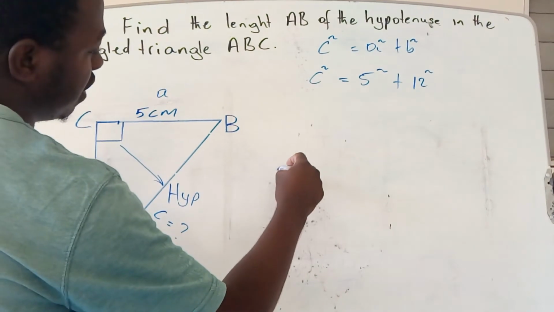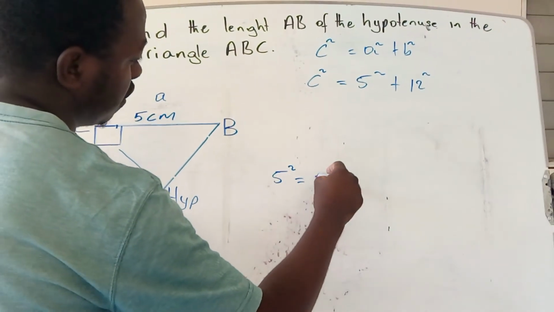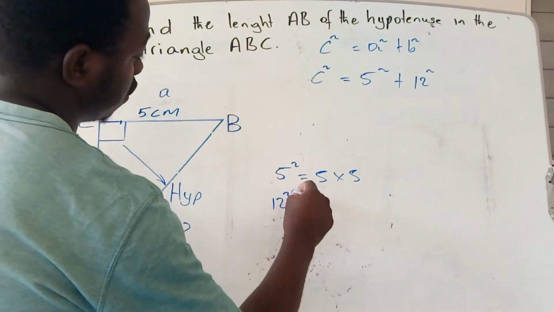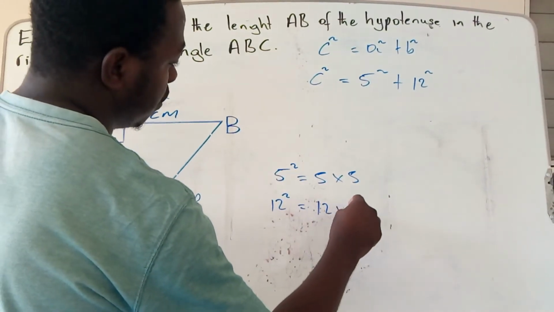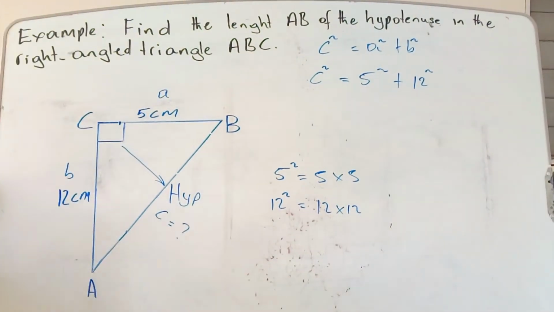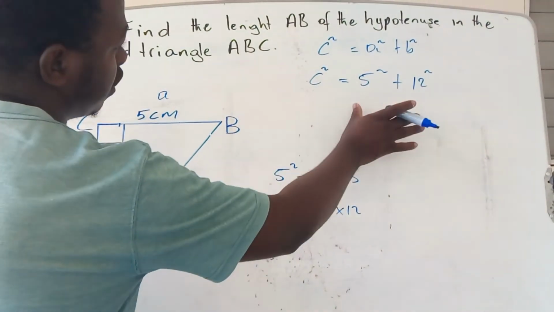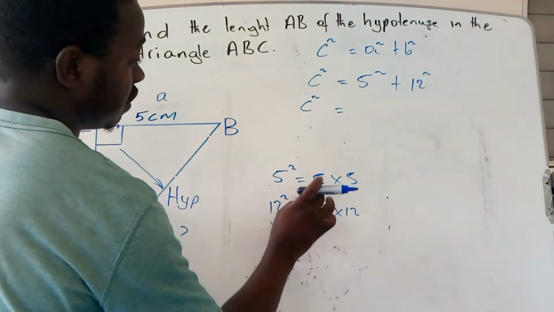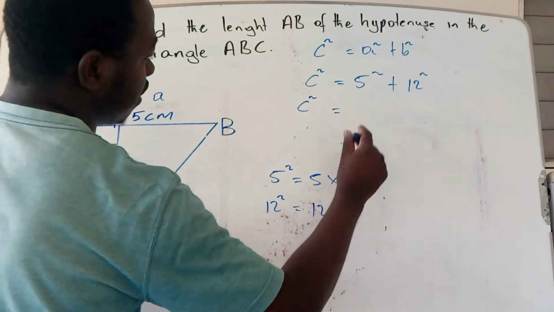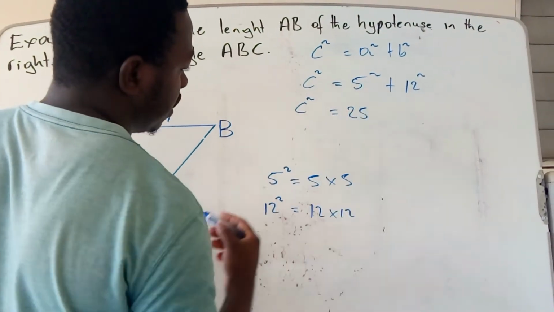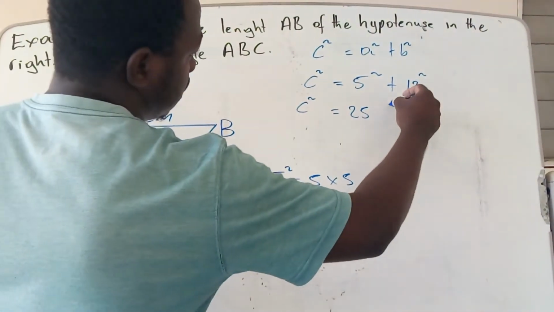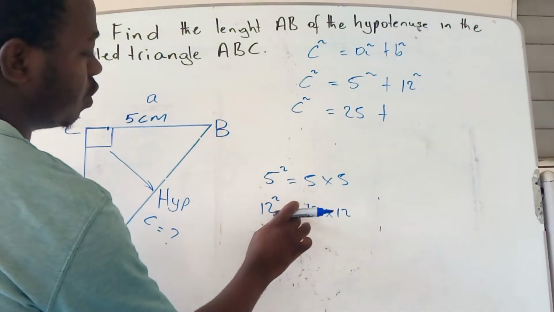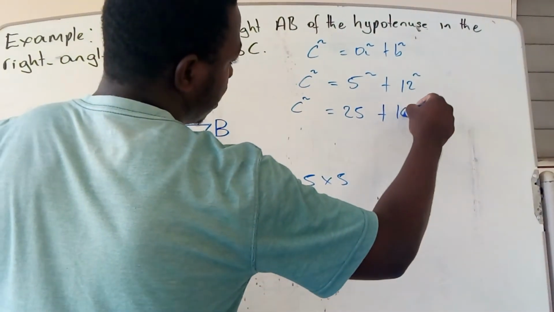So 5 squared means 5 multiplied by 5, and 12 squared means 12 multiplied by 12. So let's continue solving for C. C squared is equal to 5 squared, which is 5 times 5, and 5 times 5 gives us 25. Plus 12 squared, and 12 squared means 12 times 12, and 12 times 12 is 144.